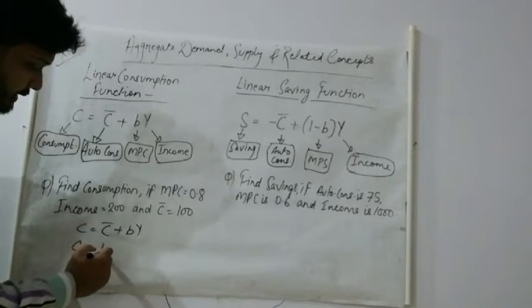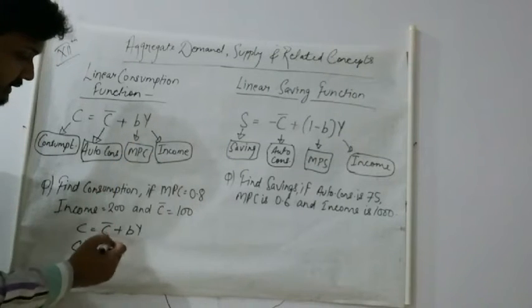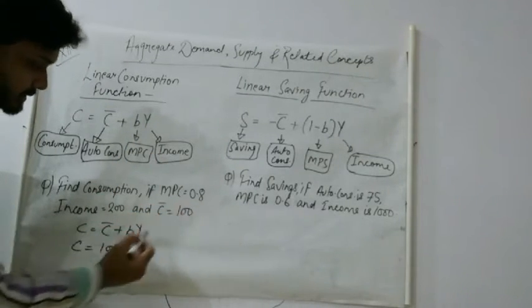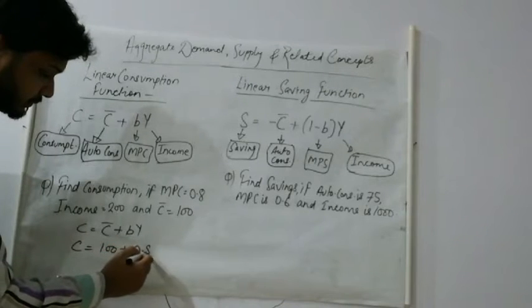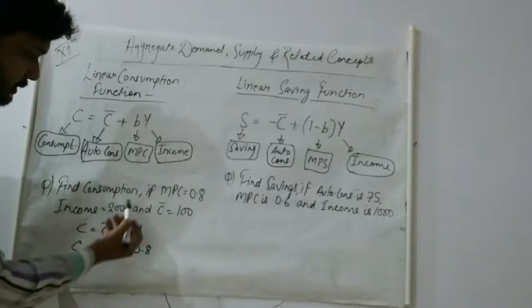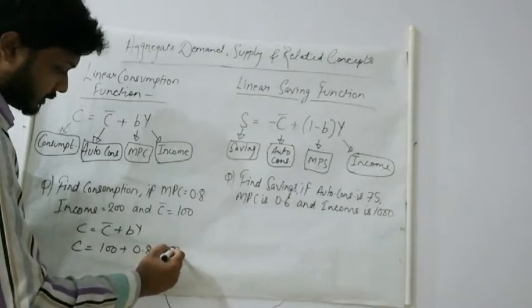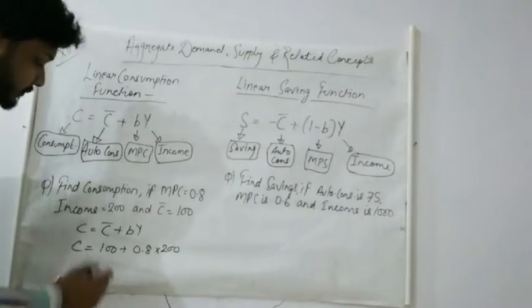C̄ is given as 100, plus bY. b is MPC, so MPC is 0.8 here, into Y. Y is our income. Income in our question is 200.